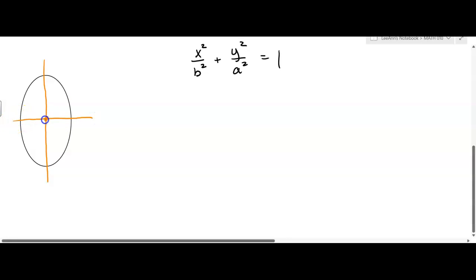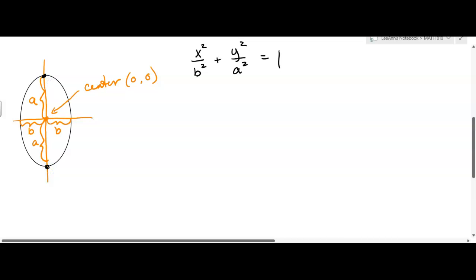Try to get it more in the center. So there's the center, which is still at the origin for now. And you can see this distance is going to be a, and this distance is going to be b. So the vertices are here and here on the y-axis.